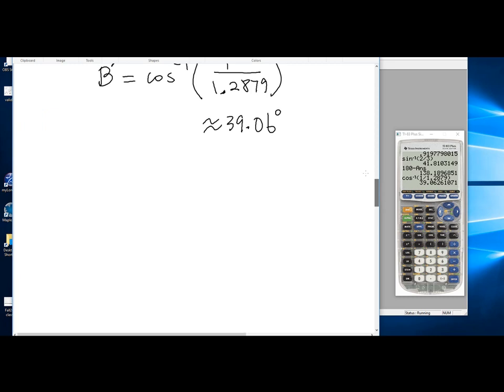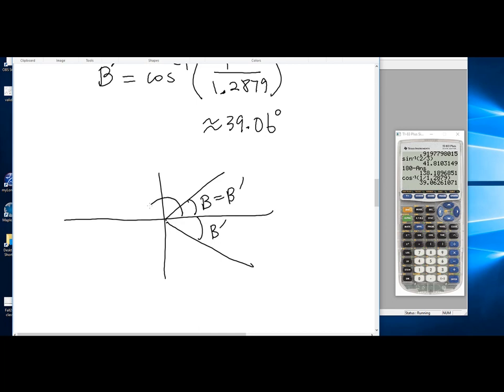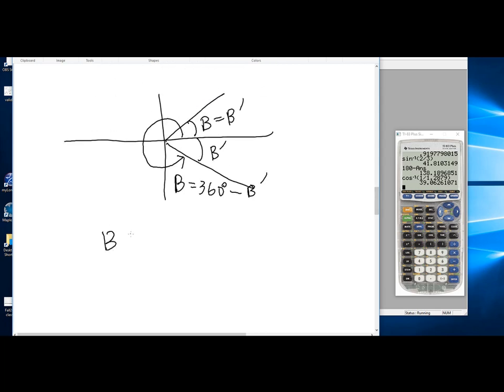So B is 39.06 degrees. And now, of course, cosine is positive twice. In the first quadrant, that's when B is equal to the reference angle. And positive again in the fourth quadrant, which is 360 take away the reference angle. So we have two answers. B itself is the reference angle in quadrant 1, 39.06 degrees. The second B is in quadrant 4, so 360 minus 39.06.